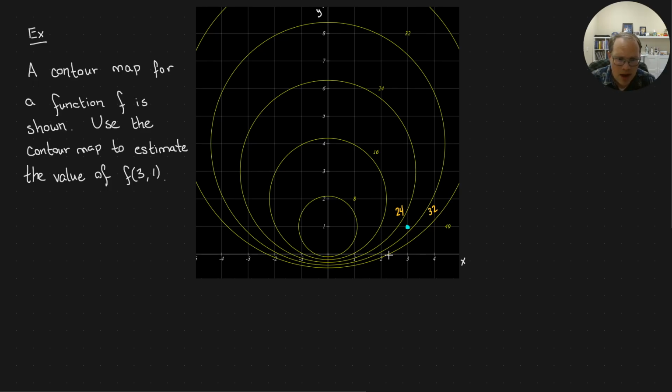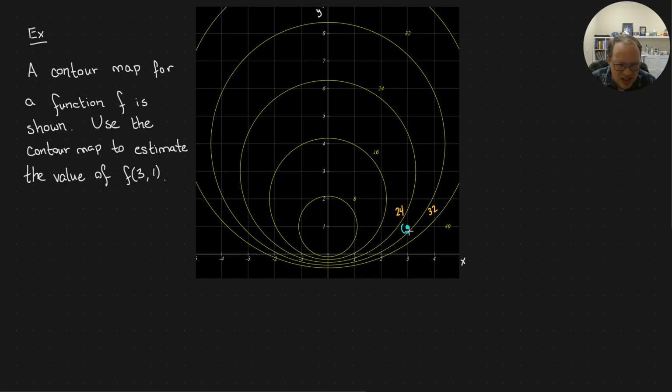We're increasing going out from what looks like the center: 8, then 16, 24, 32, and eventually 40. So we're increasing as we go further along, and that matches what we have here. So this function value should be somewhere between 24 and 32.